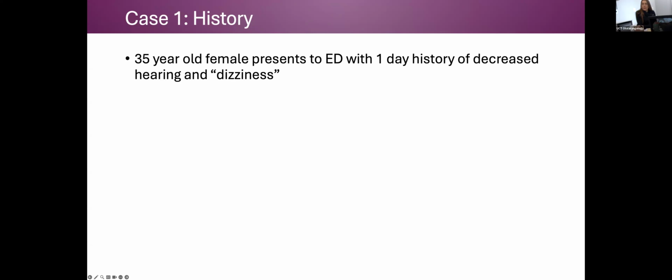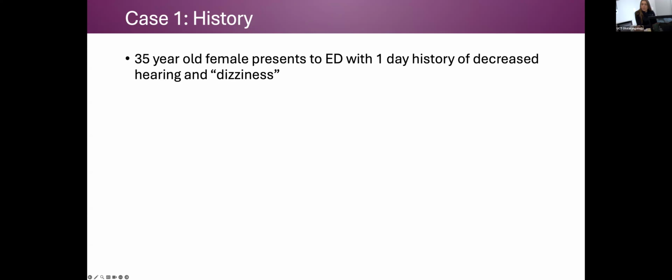Initially, you would want to clear out any life-threatening things associated with an acute episode of dizziness. So you want to know her vitals, her GCS, ABCDs in the emergency department. And then once all of that is cleared and she's stable, you can look further into her decreased hearing and dizziness.